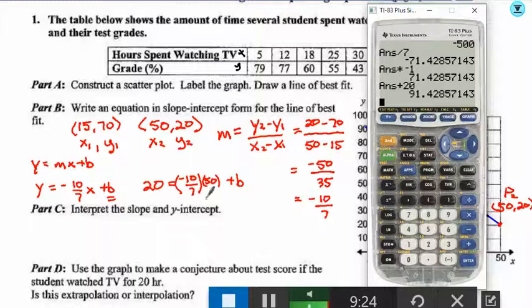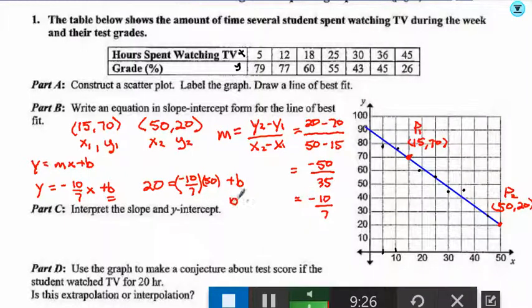So b is going to be approximately 91.43. So my equation then is y equals negative 10/7x plus 91.43.